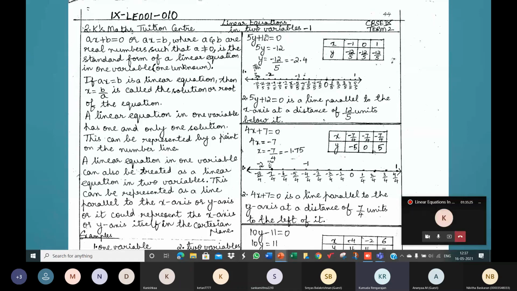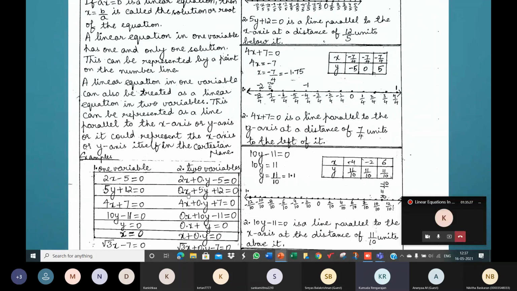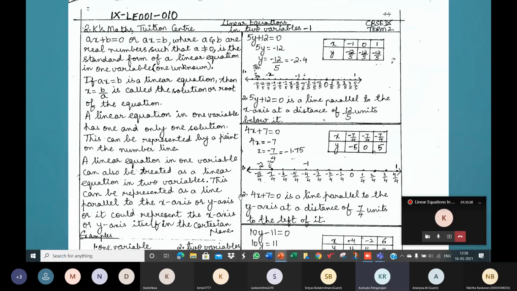What if you treat this as 0x plus 5y plus 12 is equal to 0? Because y is there and x is not there, let's call it 0x. When you treat it as an equation in two variables, we need to prepare the xy table. Since y is minus 12 by 5, y is always minus 12 by 5 for any value of x.